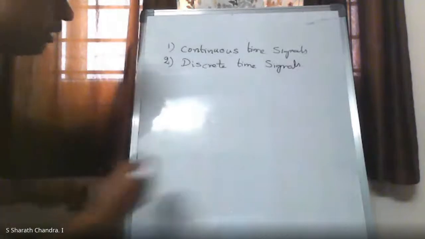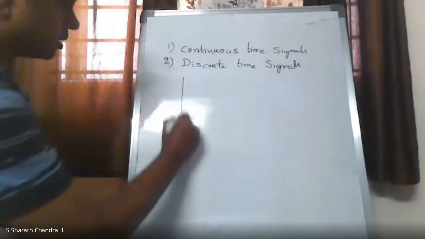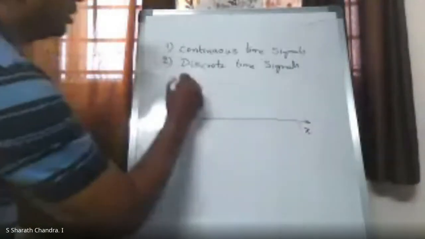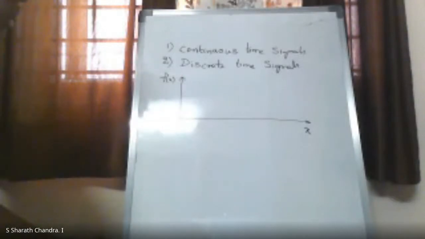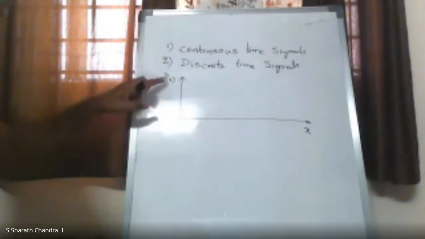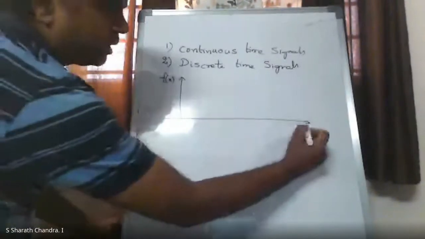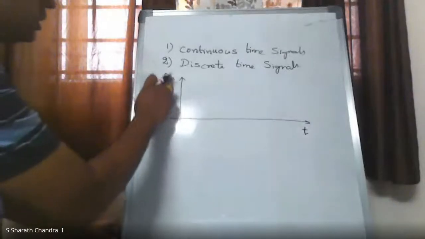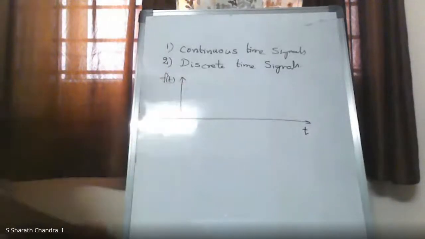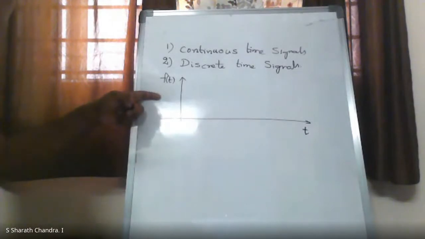This function is defined, generally, we represent it with respect to the independent variable and the function on that independent variable. If this function depends upon an independent variable like time, and it also varies continuously with respect to all the values of time, then we say that it is continuous.